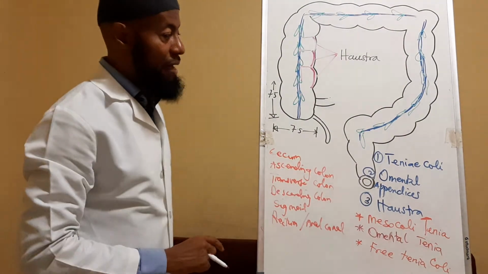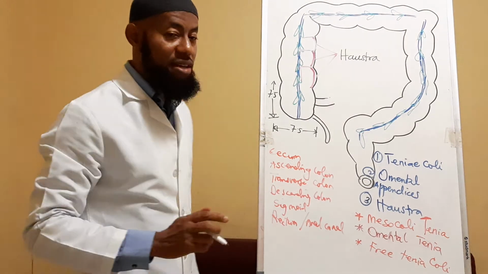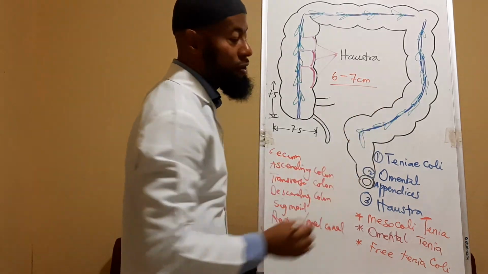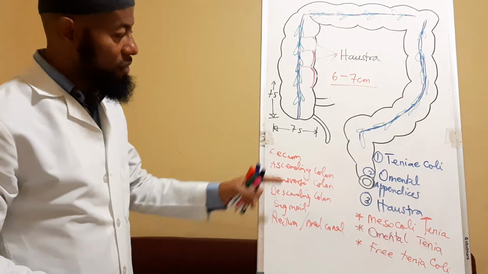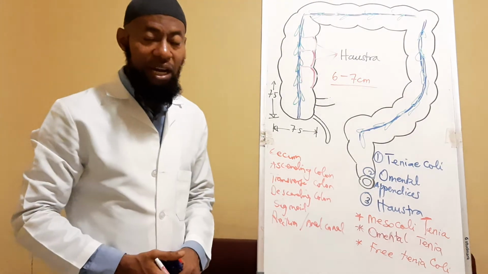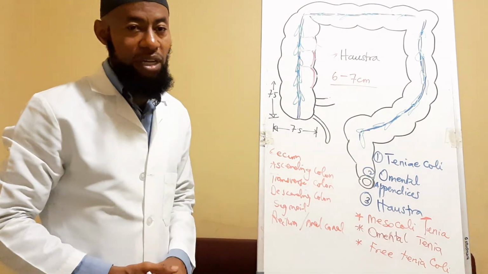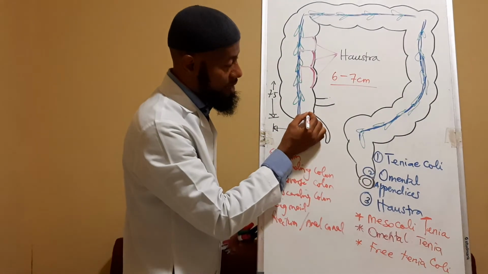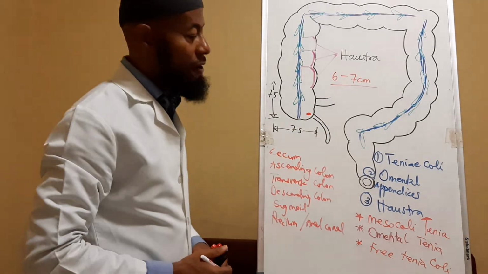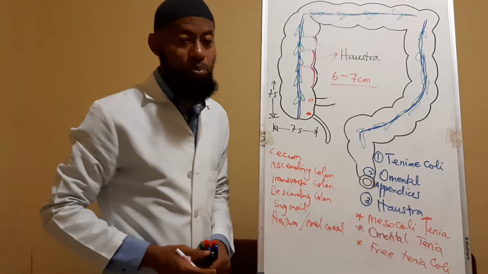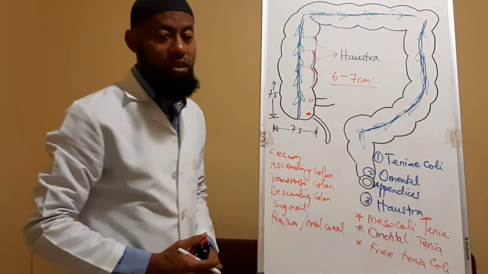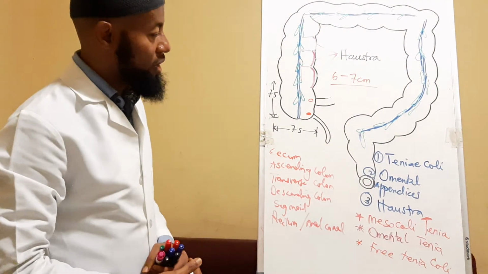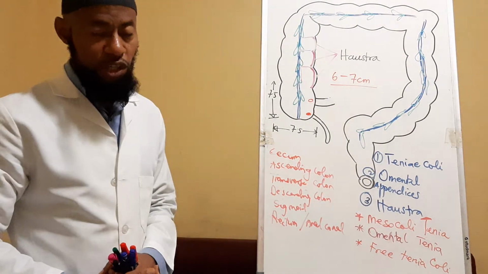Very important to note is the appendix. The appendix is approximately 6 to 7 centimeters long. It is an example of a blind diverticulum, an outpouching of the cecum. So it has an opening there, okay, and it is posteromedial in the cecum, inferior to the ileocecal junction.